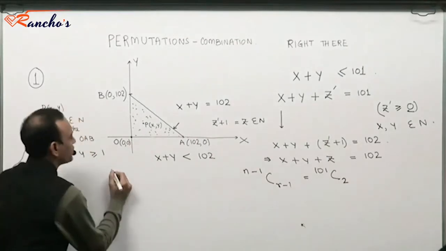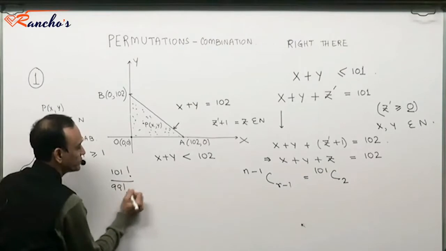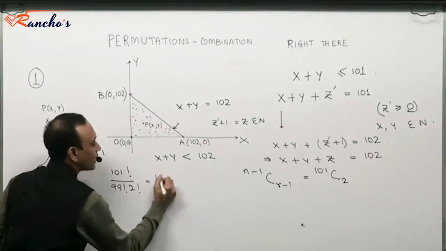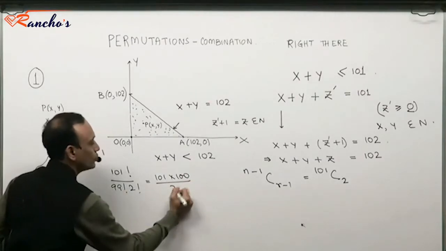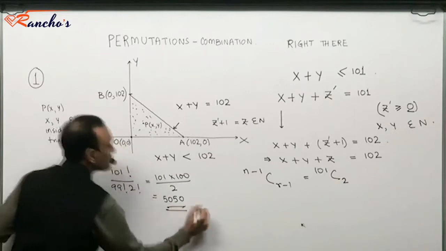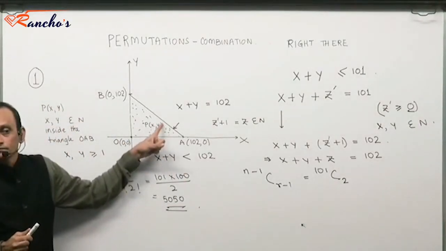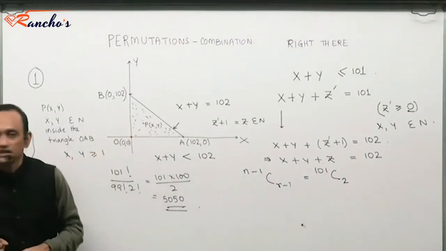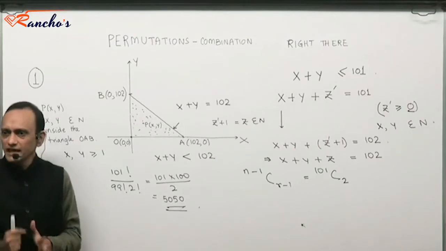And 101 c2 is what? 101 factorial by 99 factorial into 2 factorial. That's 101 into 100. 99 factorial will get cancelled. Divided by 2, 50. So that makes it 5050. There are 5050 points inside this triangle with integral coordinates. Yes or no? Make sense?